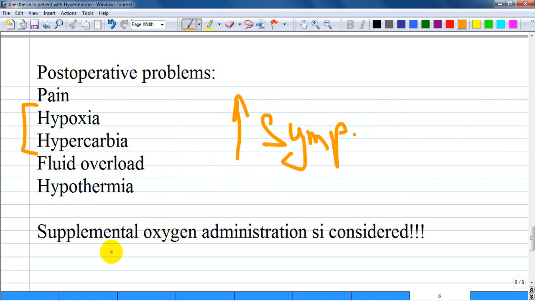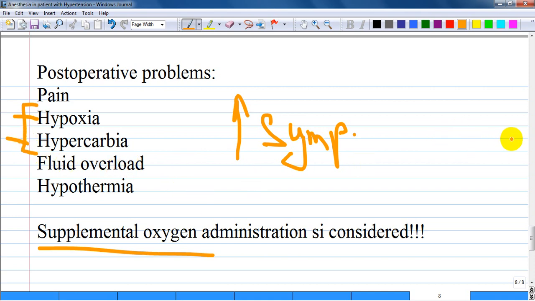An important thing to do right after extubation, or removal of the orotracheal tube, is to give supplemental oxygen to the patient. It is considered good practice. So hypoxia and hypercarbia are removed from this list immediately as you give oxygen, provided the patient does not have additional pulmonary problems.